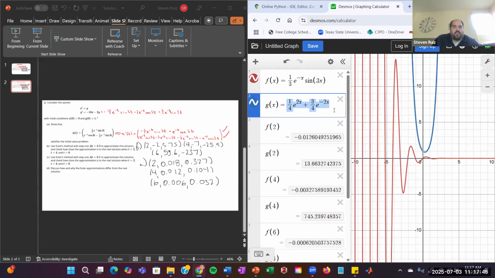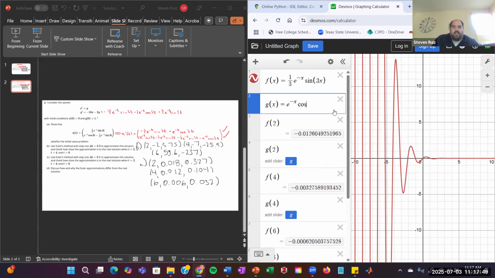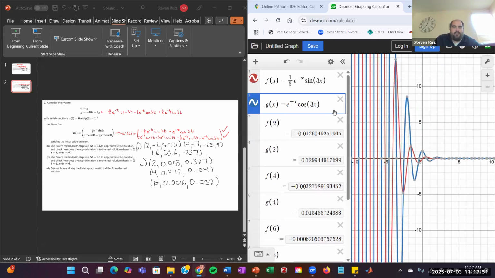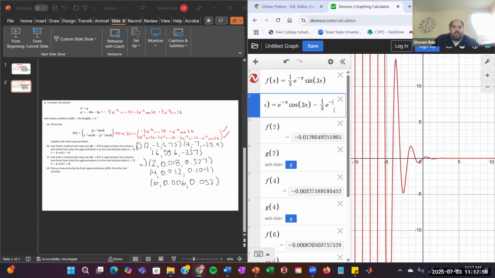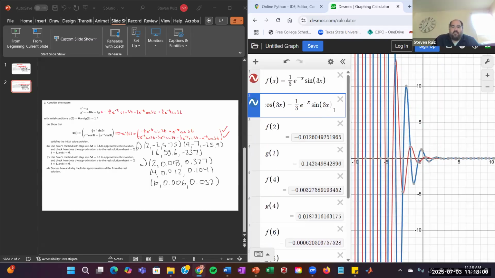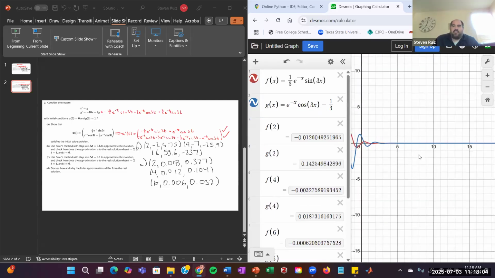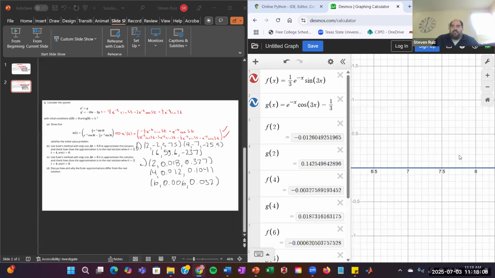And then for g of x, e to the -x cosine 3x minus 1/3 e to the -x sine 3x.